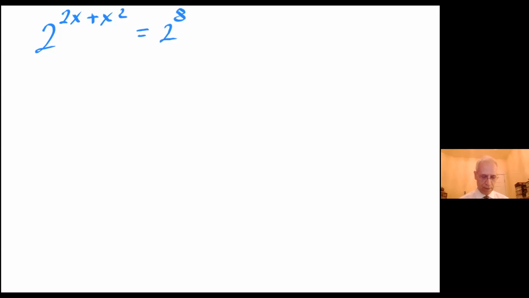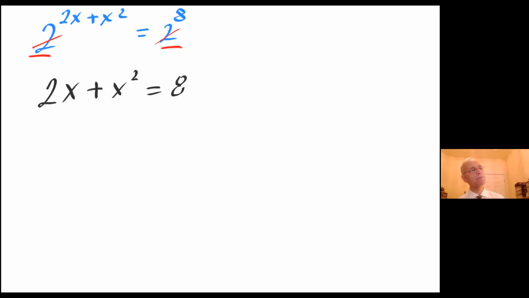Once again, this equal sign demands that if the bases are the same, then the powers must be the same. So I'm going to rewrite this as 2x plus x squared equals 8. So what I essentially did, I dropped the bases. Okay, well, I can do better than that. I can rewrite this as x squared plus 2x minus 8 equals 0.